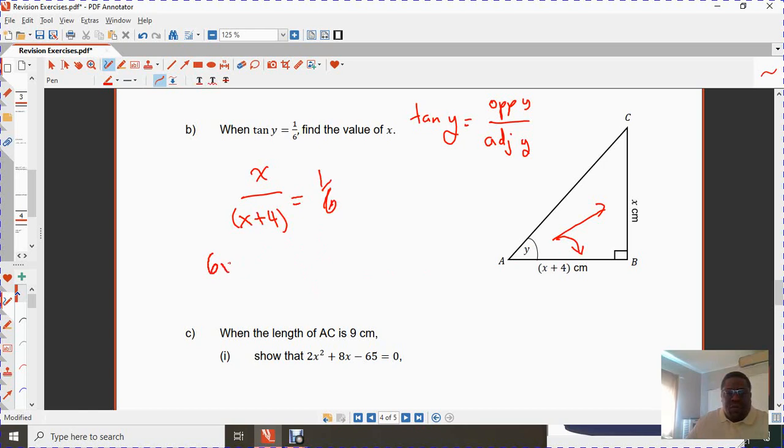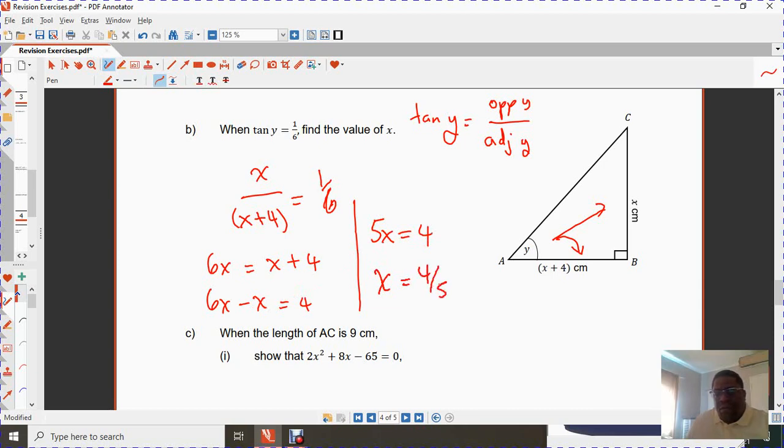So you can have a sort of cross multiplication here, and you can actually solve, all right? So eventually that gives you 5x is equal to 4, because 6x take away x is 5x, and then x is nothing but 4 over 5, or you can even have 0.8 if you give your answer as a decimal.